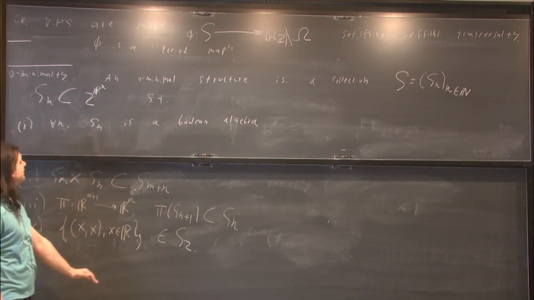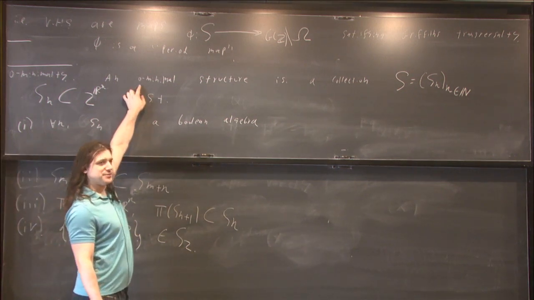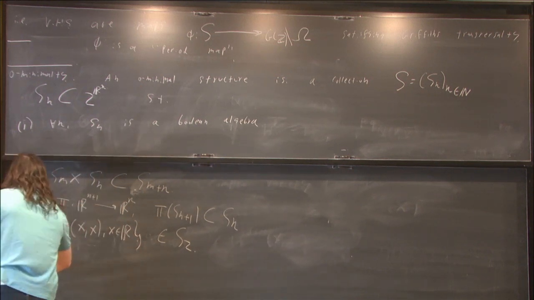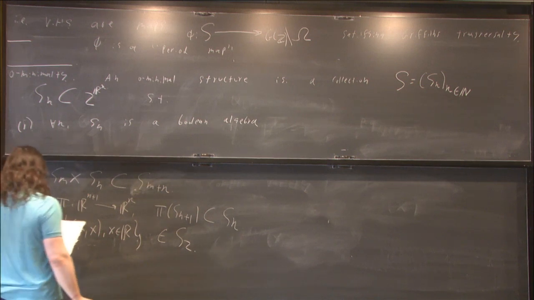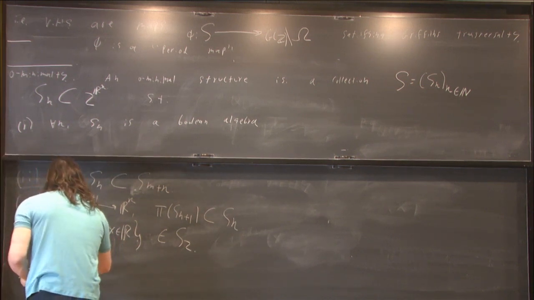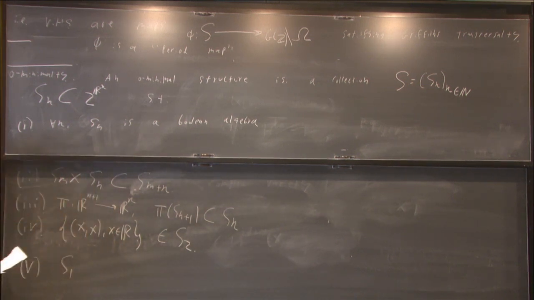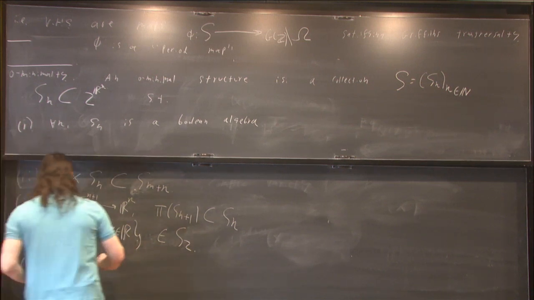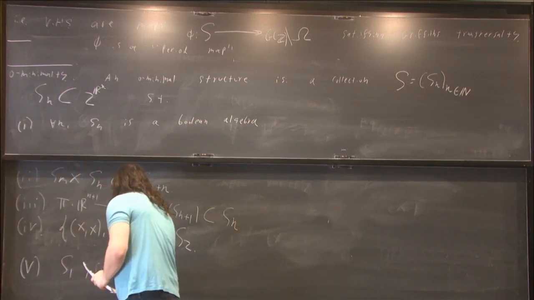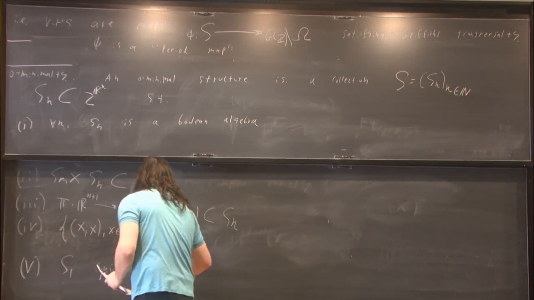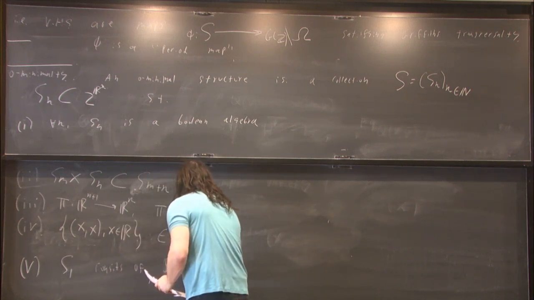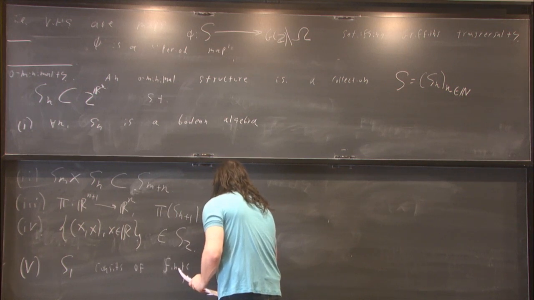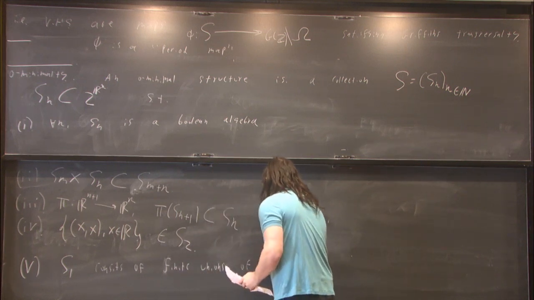The o-minimality, and by the way, o-minimal stands for order minimal, comes in this final condition that if you look at S_1, so all the one-dimensional definable sets, S_1 consists of finite unions of points and intervals.